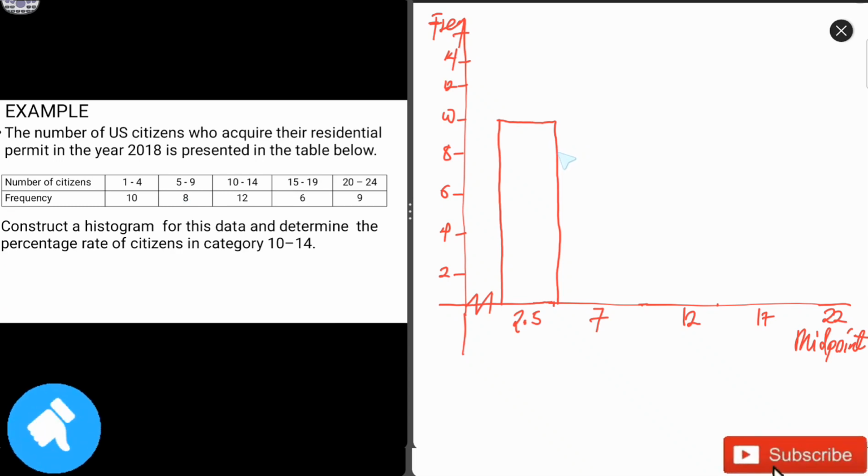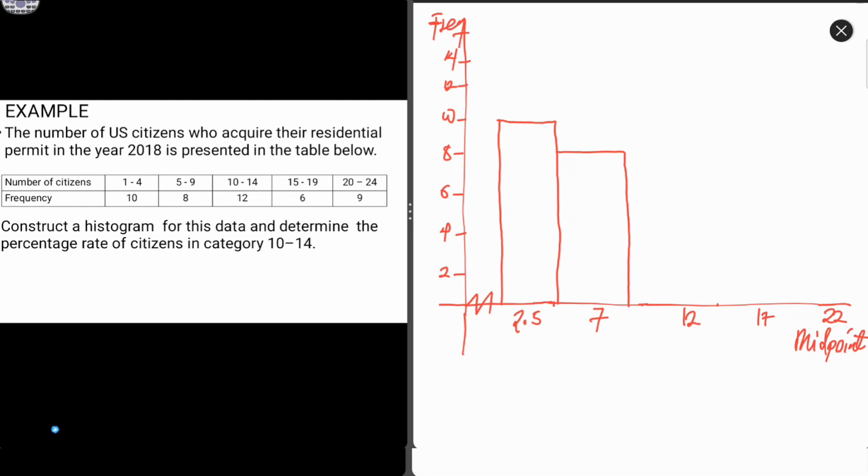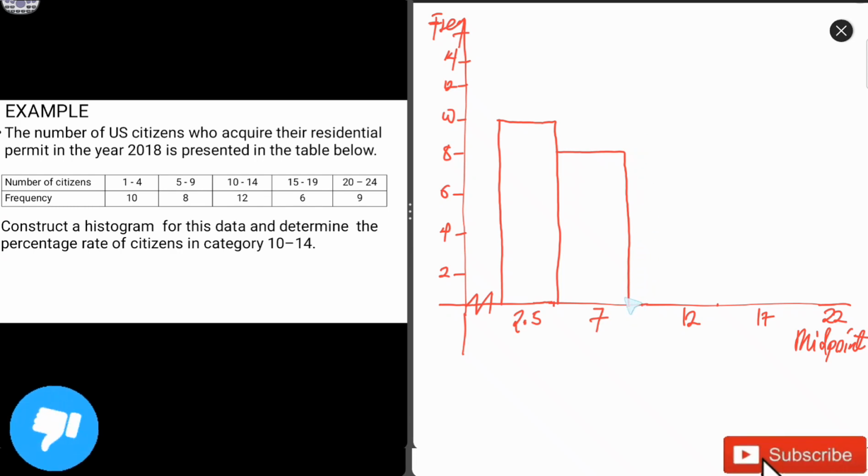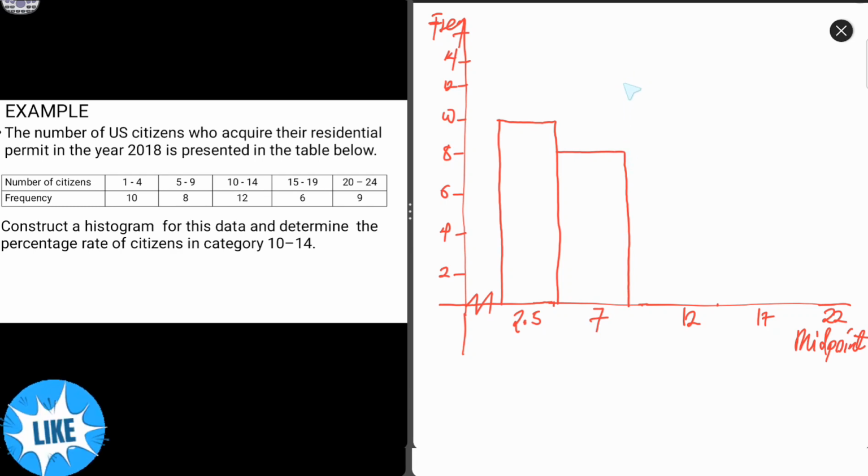So we take it from here, and then that will help us to get our midpoint. All right. So after that, we come to the midpoint of 12, having a frequency of also 12. So that one too, just extend the midpoint of the 7 bar here, just extend it a bit, okay?